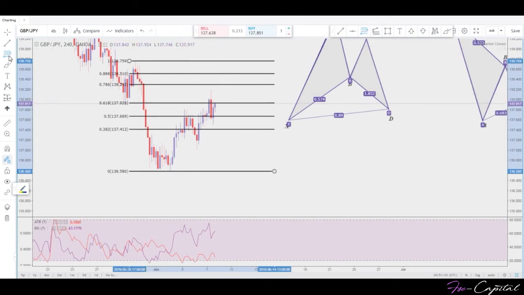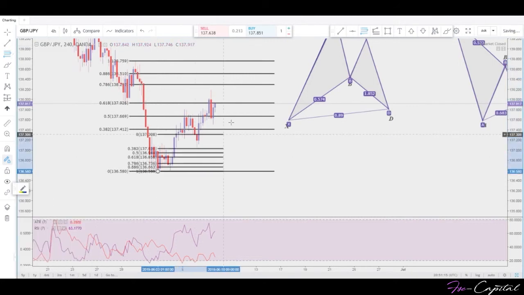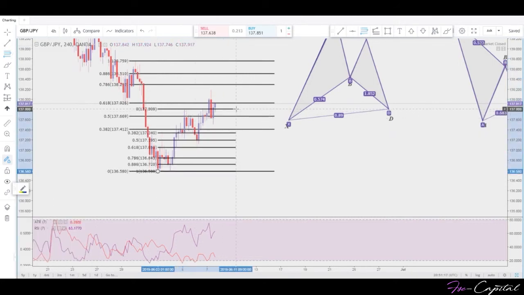The next set of rules, once I've identified that, is I'll draw my fibs from A to B. So that's X to A to B. And you can clearly see it penetrates the 38.2 but does not penetrate my A leg.